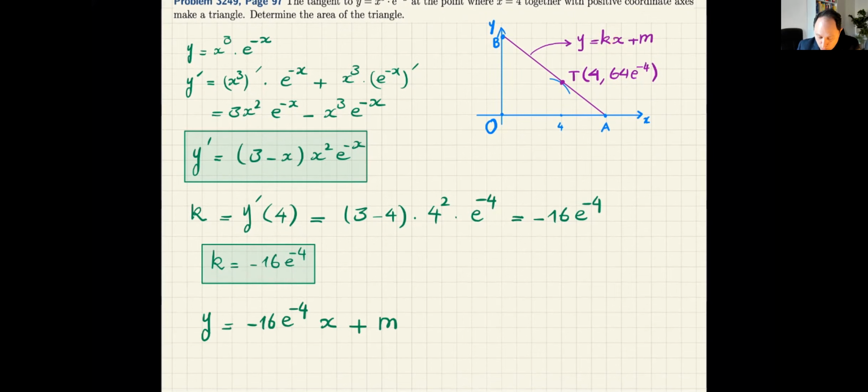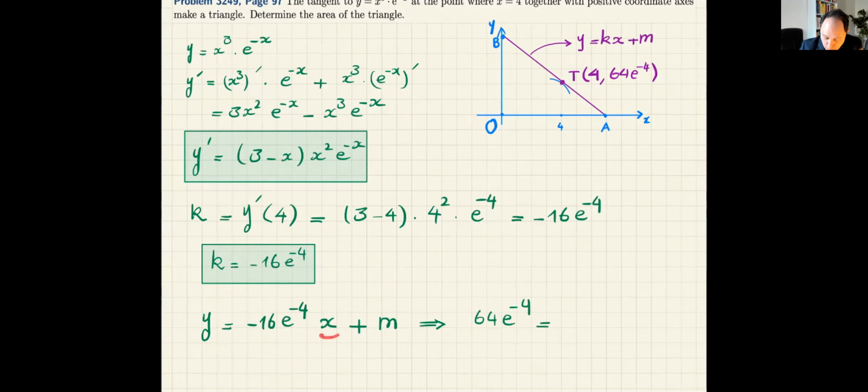Okay, but now I want to find m. This means that I need to put the coordinates of the point of tangency in the equation of the tangent line. So instead of y value, I put 64 e to power minus 4, and instead of x value, I put 4.